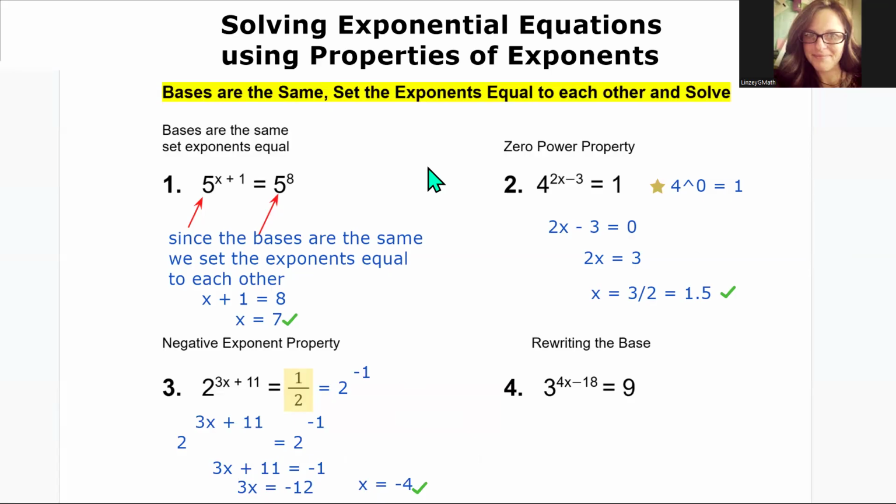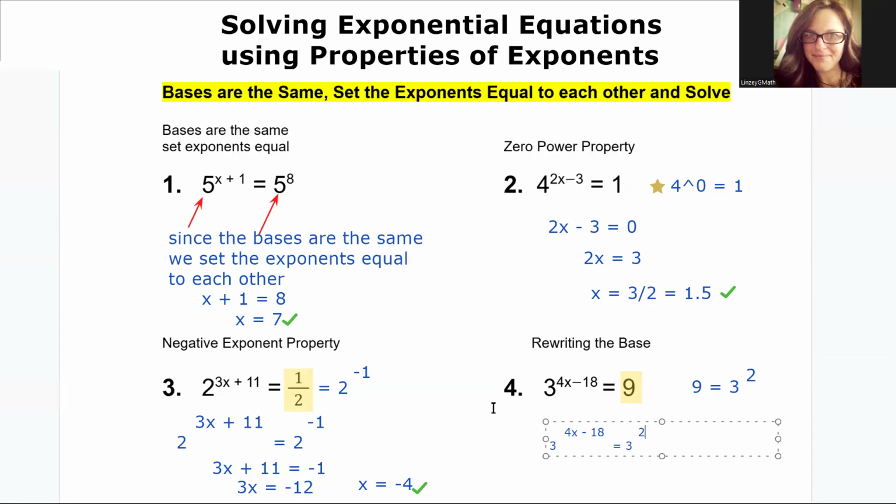Number 4. We need to rewrite 9 so that we have base 3. 9 is equal to 3 raised to the power of 2. So we can rewrite our equation. 3 to the power of 4x minus 18 is equal to 3 to the power of 2.